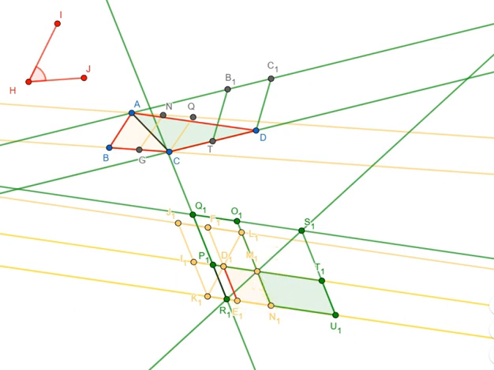And one of the angles is the given angle. Let me mark those angles. So we have taken a rectilinear figure and a given angle, and we have constructed a parallelogram with the same area as the given rectilinear figure.